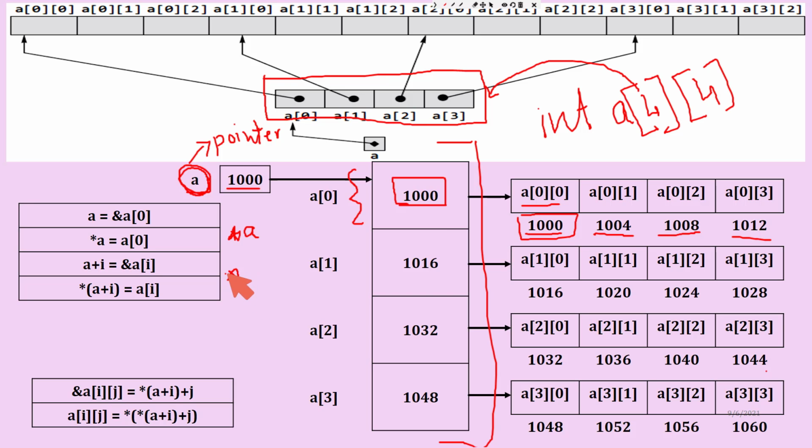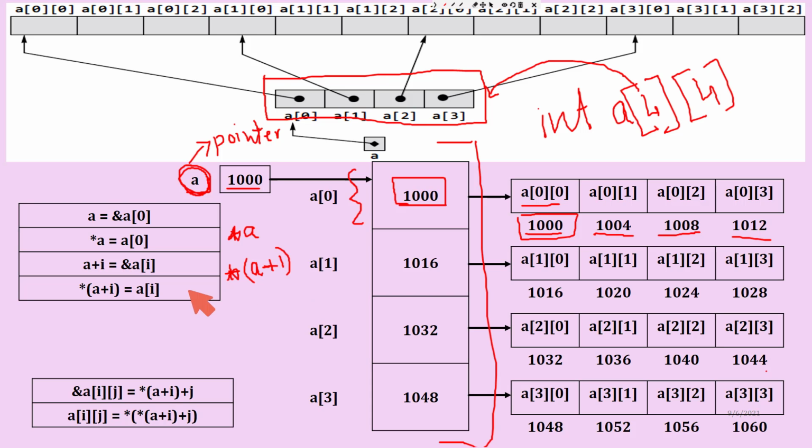My question: star A plus 1. What will be the value of star A plus 1? 1016. Very good.